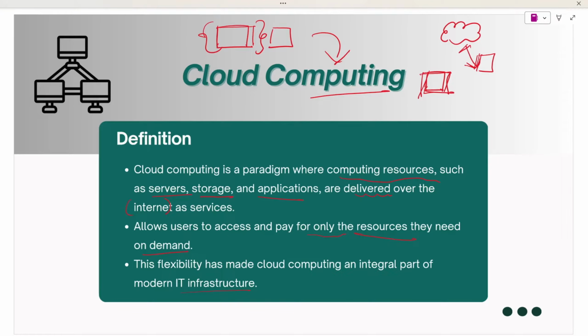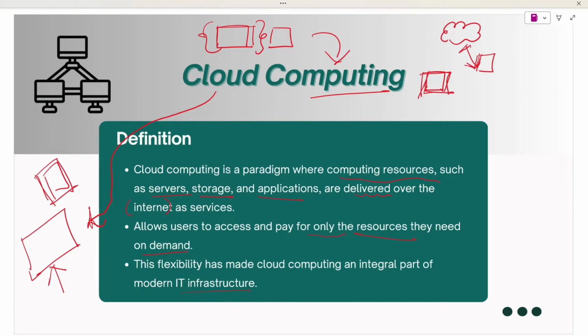Like if you are running a big business where you deal with big data, you need a huge amount of space to store that data. In that case, you need some big storage facility. In such cases, cloud computing helps to store this data in the cloud.